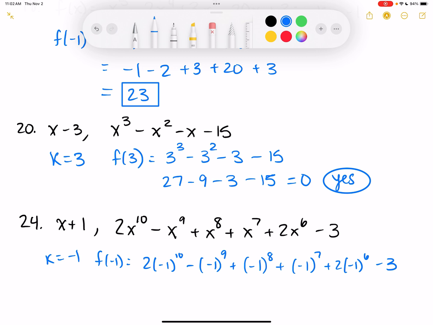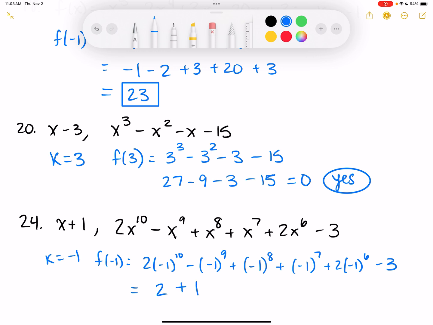So this is going to become 2 times 1 is just 2. The reason I specifically said parentheses is because it's minus parentheses -1, because the -1 raised to the 9th is still -1. But then times the negative that was outside, it's going to become positive. So I'm saying that just so you watch your signs.